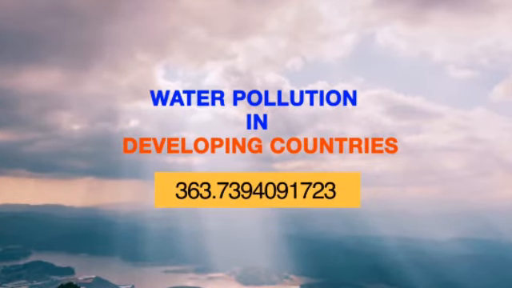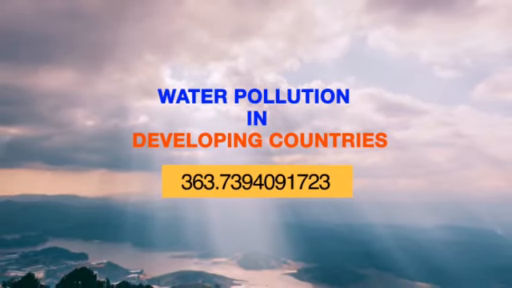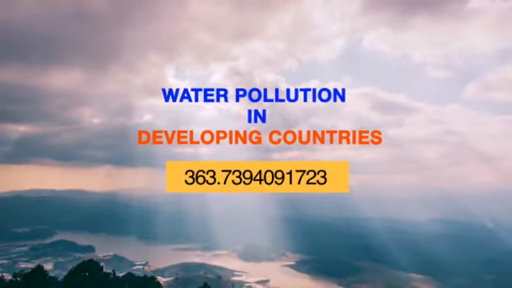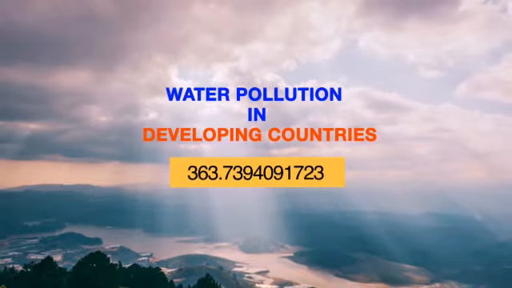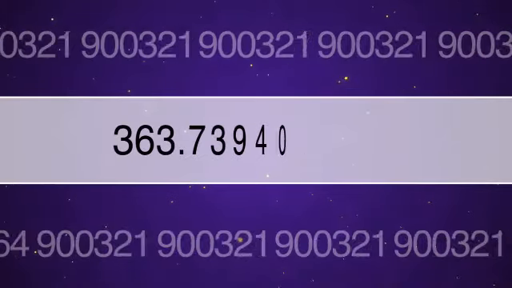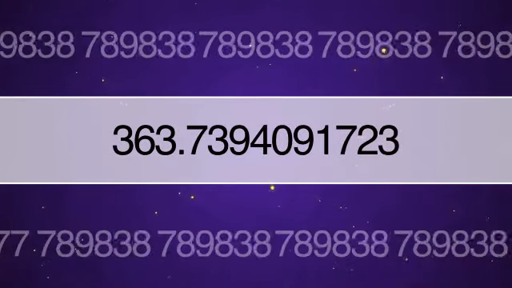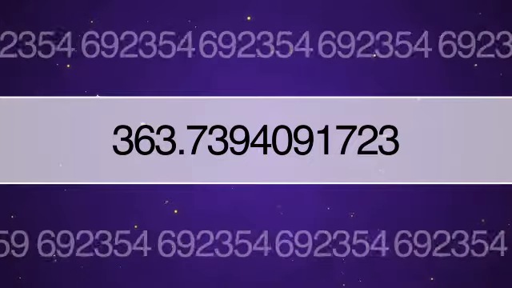This is the developing countries, but you have to go here via table 1, therefore it becomes 091723, and the number becomes 363.7394. This is the first part, and now you have to add developing countries 091723. It's a long number, therefore check it twice before finalizing.